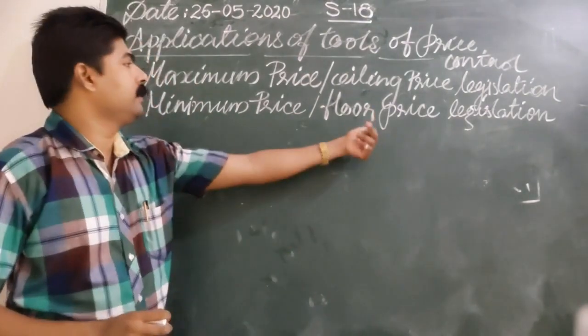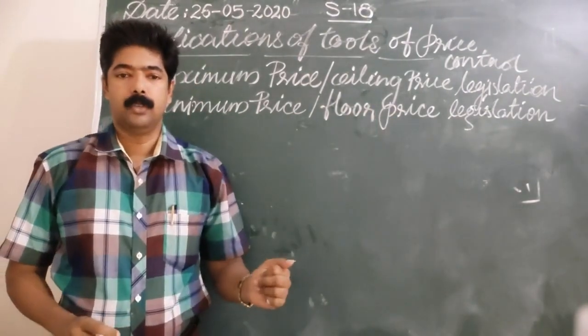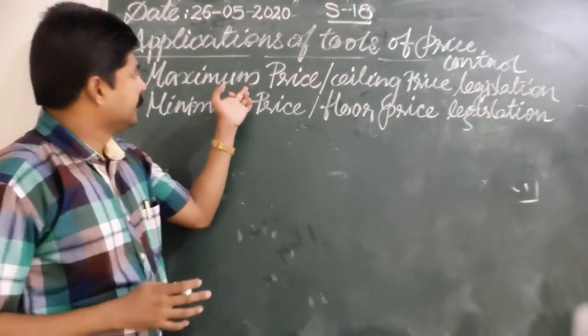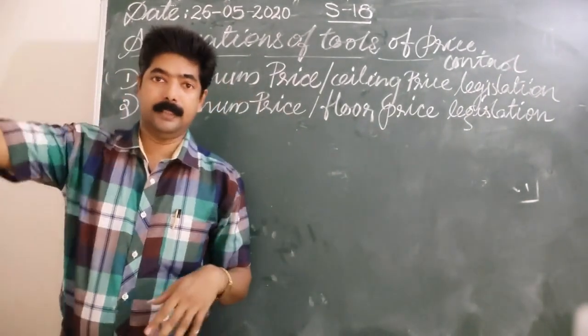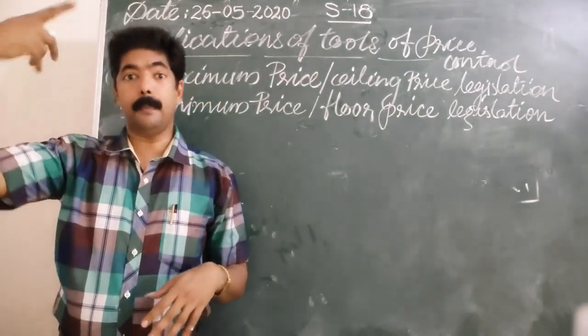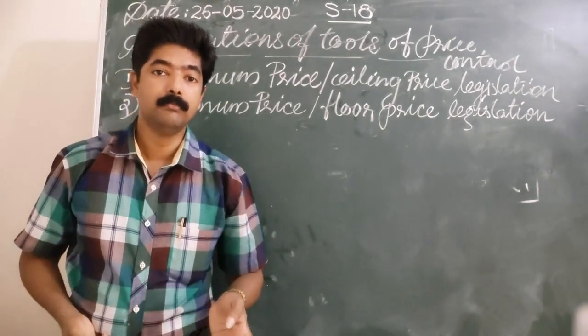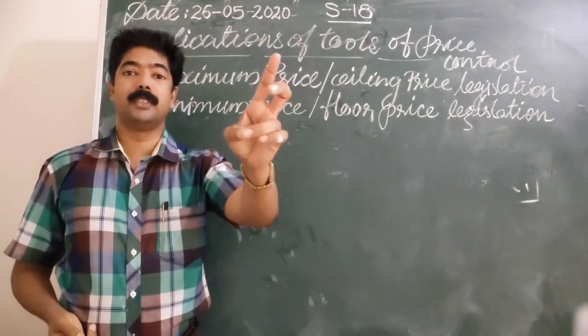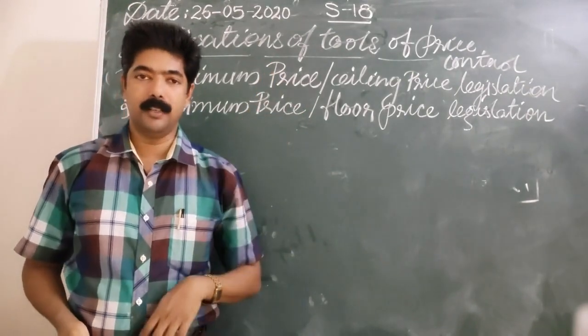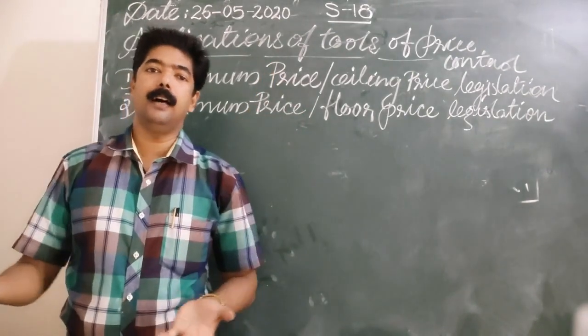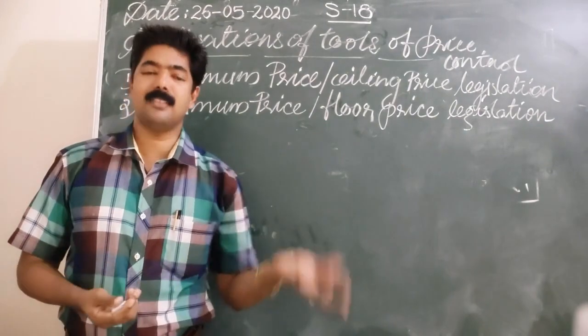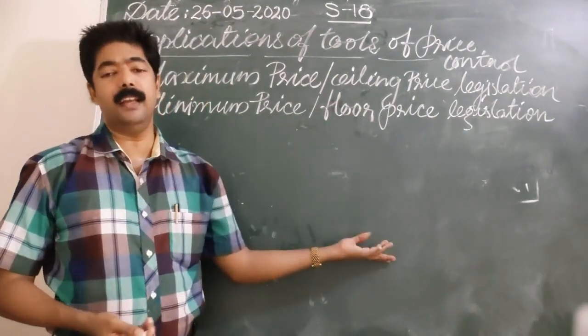This is what government is doing here. So look at maximum price: it is beneficial towards whom? Not producers, but consumers. How does that help the consumer? Let us discuss with the help of a diagram.